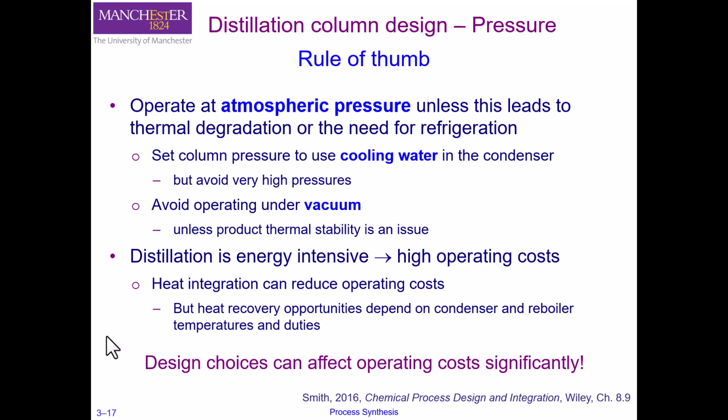Remember that the column design will affect the heat recovery, in terms of both the heat duty and the temperature at which heating and cooling is required. So it is important to remember how these design choices, or operating conditions, of your distillation column can affect the operating cost of your separation technology as well.